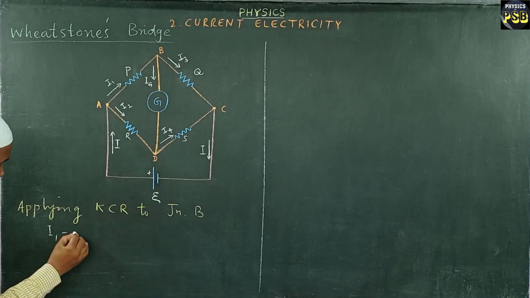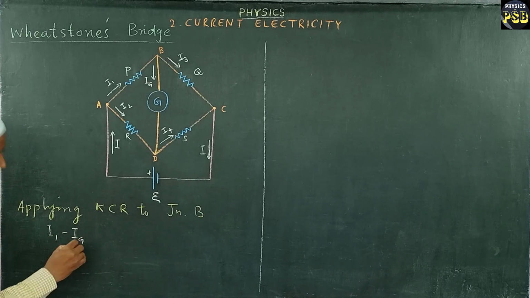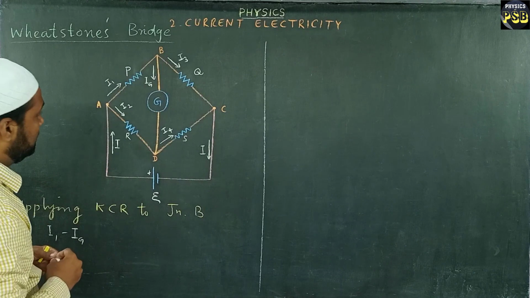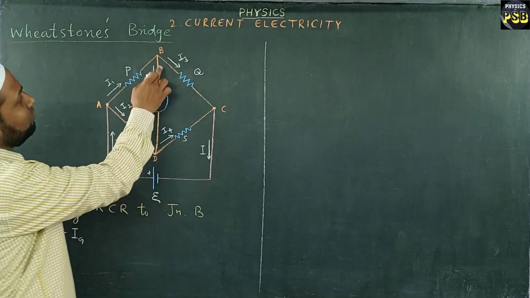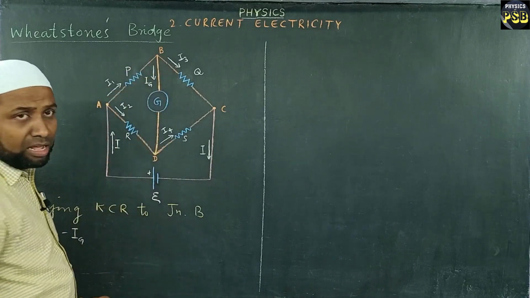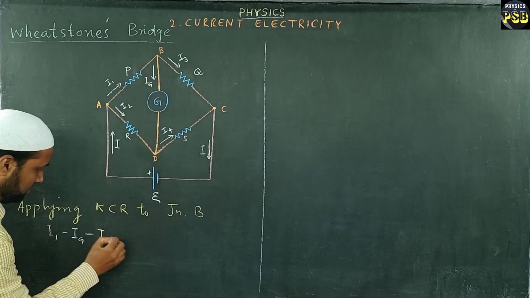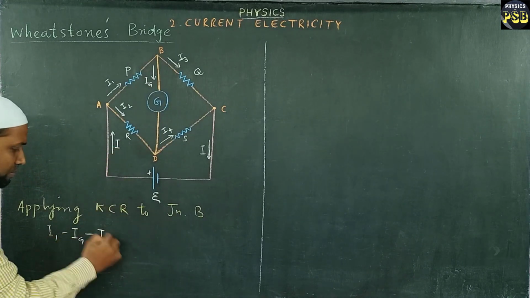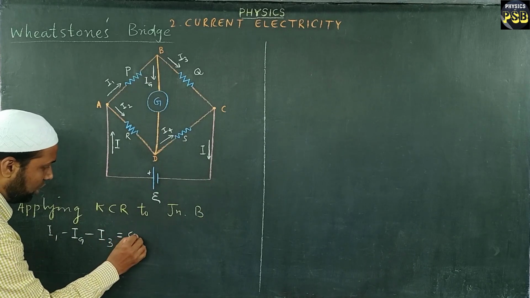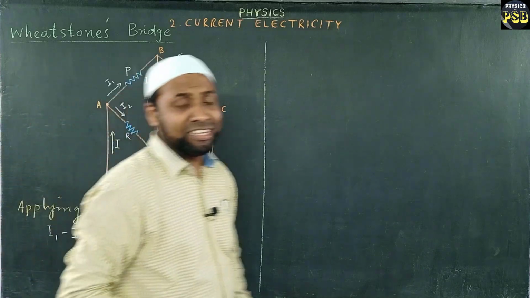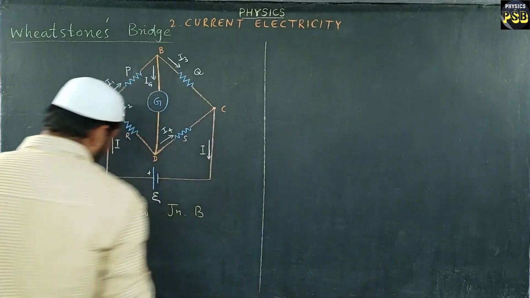I take it as negative, minus Ig, because it moves away from the junction. There is one more current which moves away from junction B, that is I3. As it moves away, again we take it as negative, minus I3. The sum of these three currents is 0 according to Kirchhoff's current law. I take this equation as equation number 1.